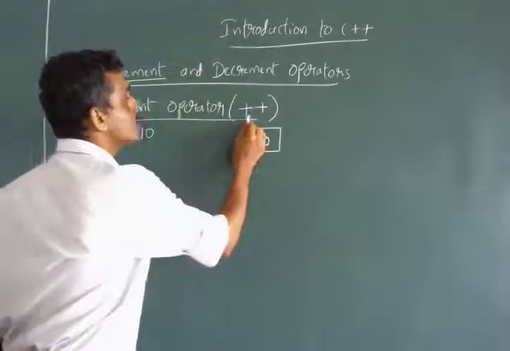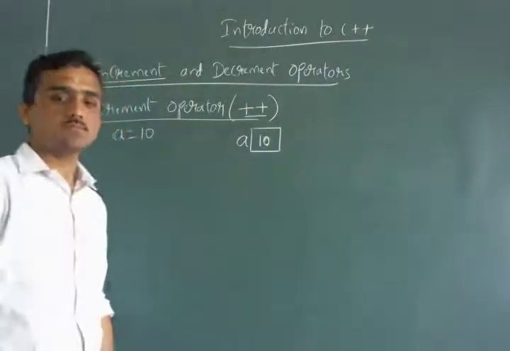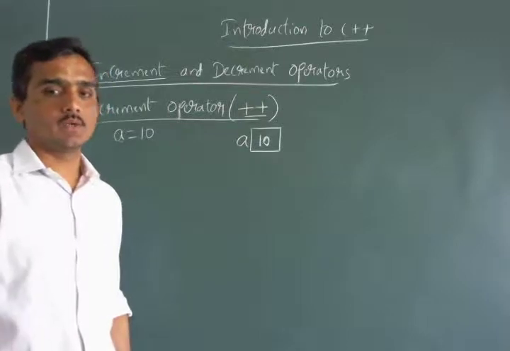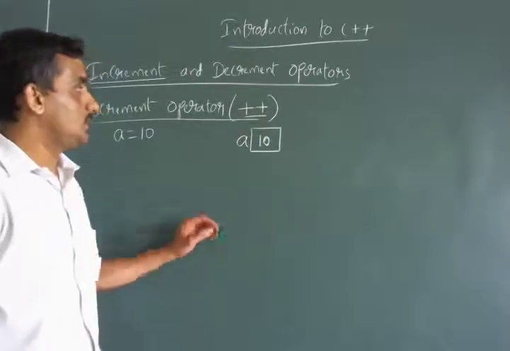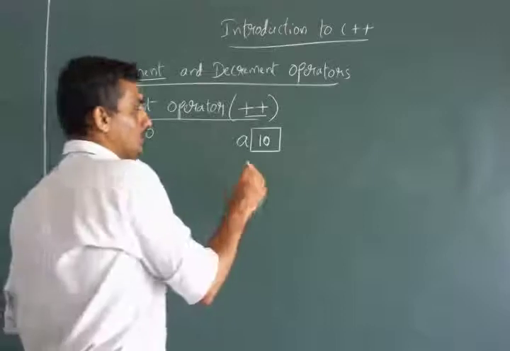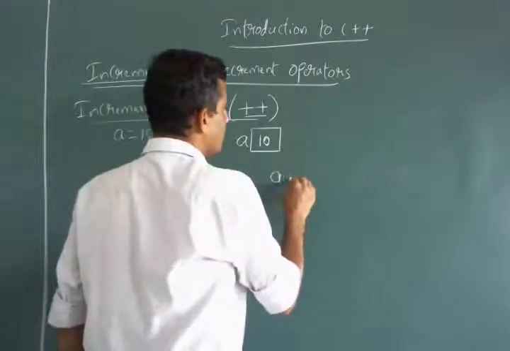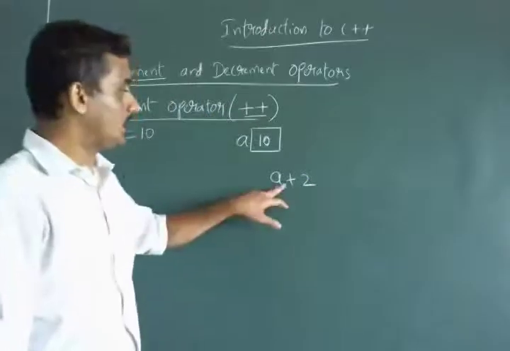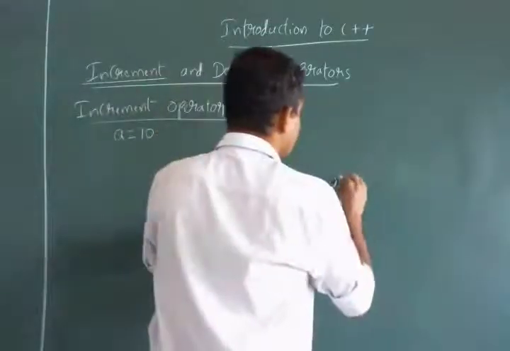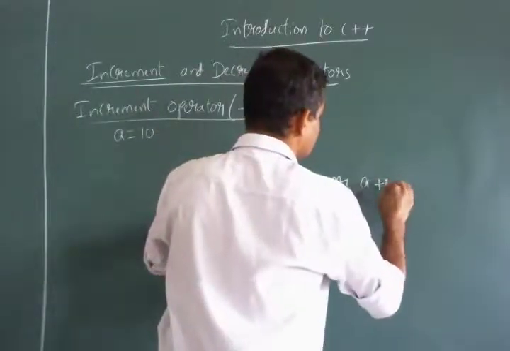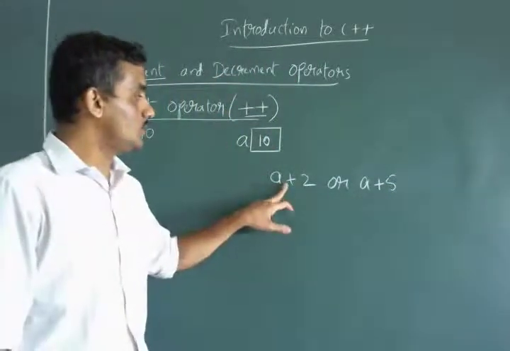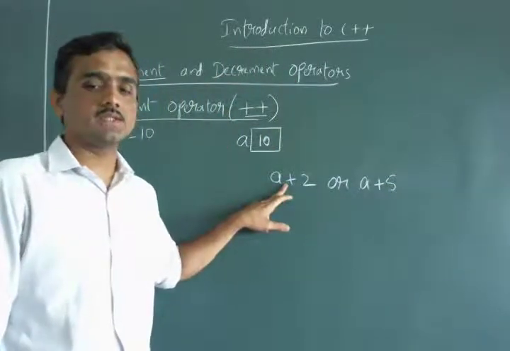Now I have to use this operator, and we should be very careful in using operators. For example, if I say a plus 2, or a plus 5, when we use only one plus symbol, that is the arithmetic operator.